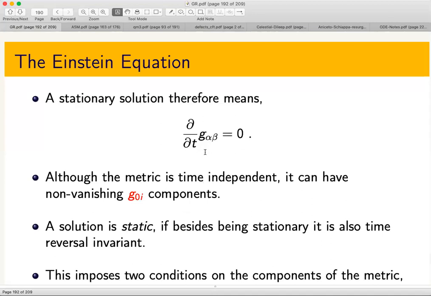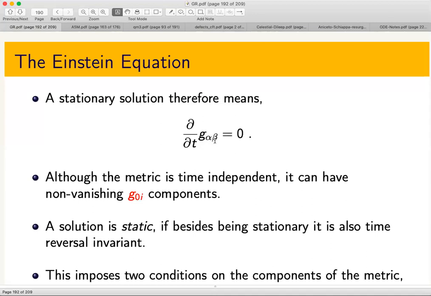Let me repeat again. You have understood what a stationary solution is, right? A stationary solution is precisely defined by this equation: any metric component is independent of time. You take the time derivative, it just vanishes. Now, this does not tell you anything about what values alpha beta can take.